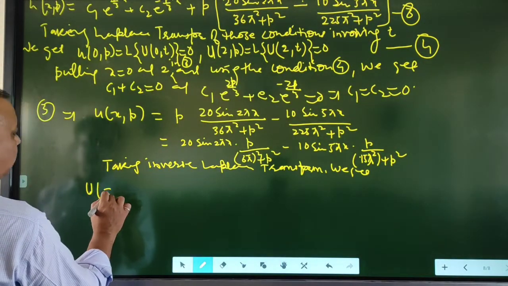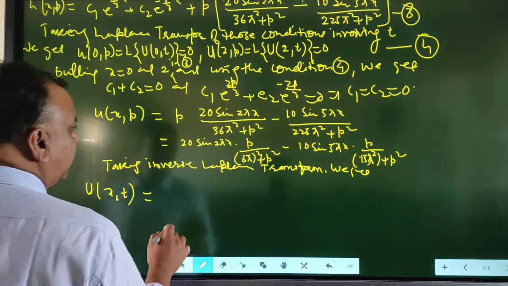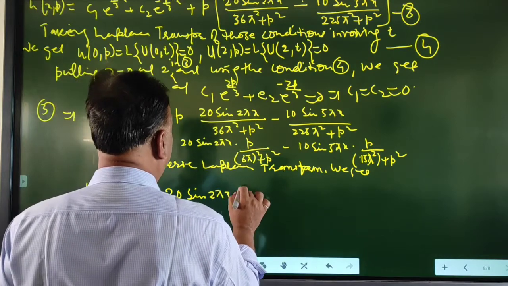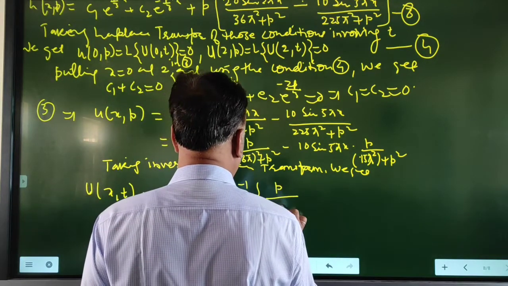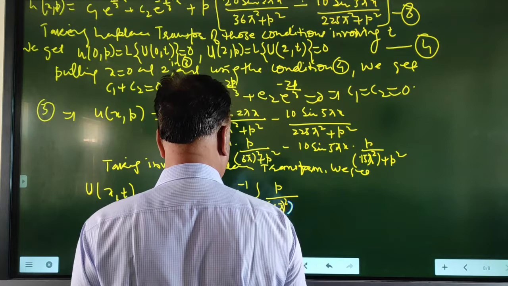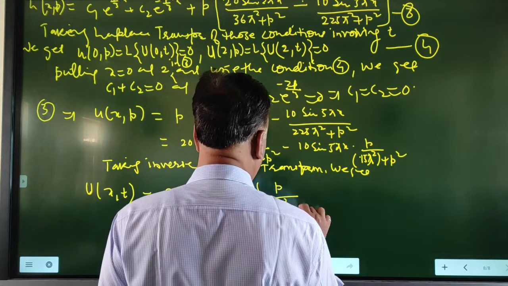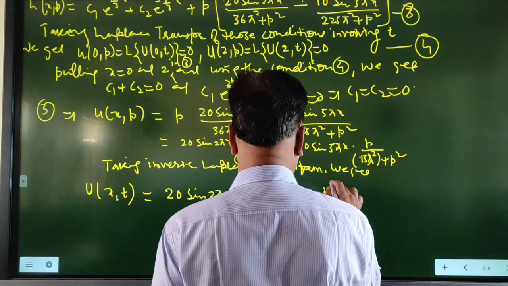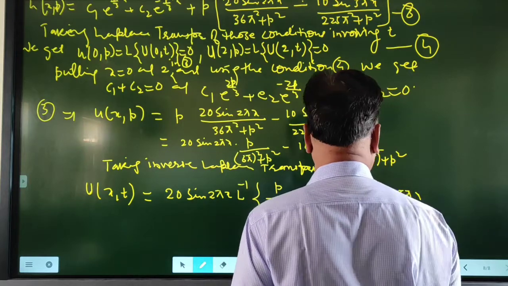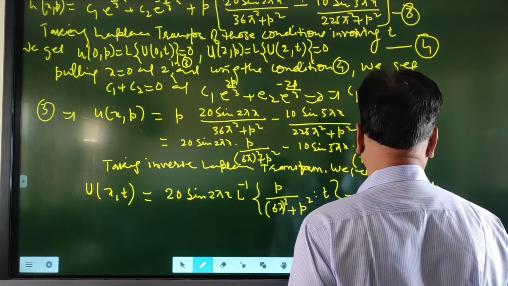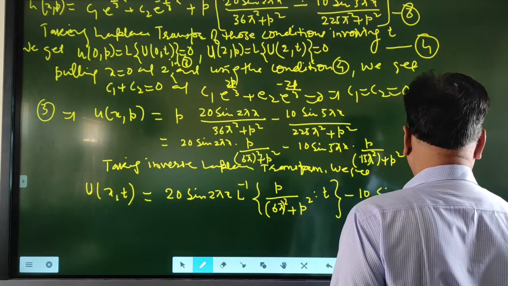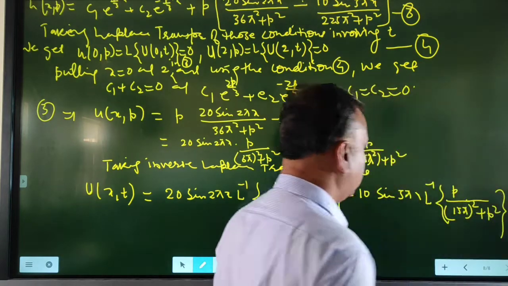So u(x,t) is equal to 20 sine 2 pi x inverse Laplace transform of p upon (6 pi) whole square plus p square with respect to t, minus 10 sine 5 pi x inverse Laplace transform of p upon (15 pi) square plus p square.